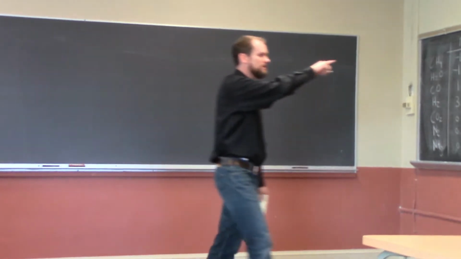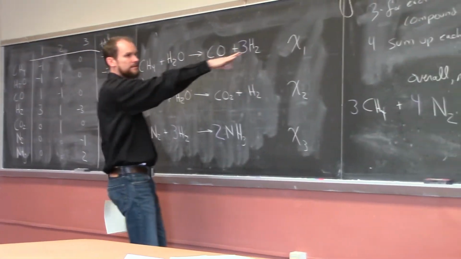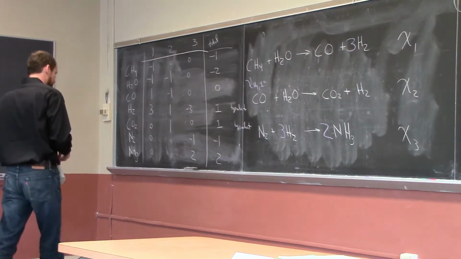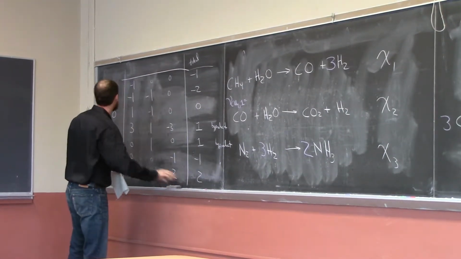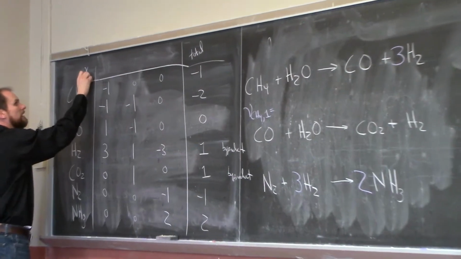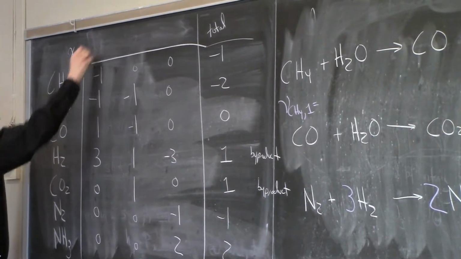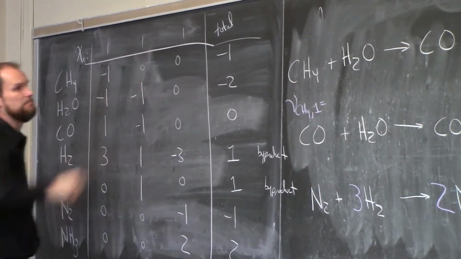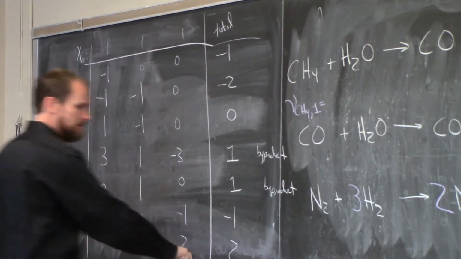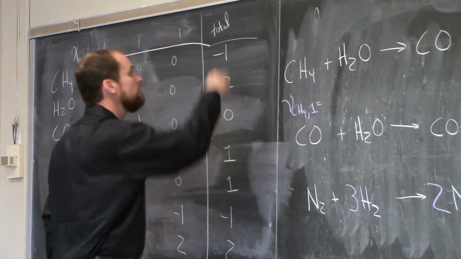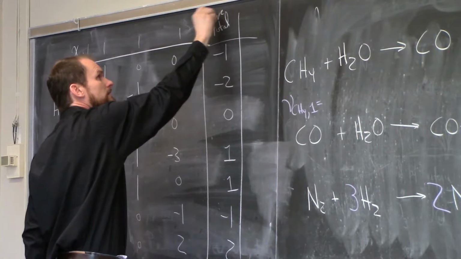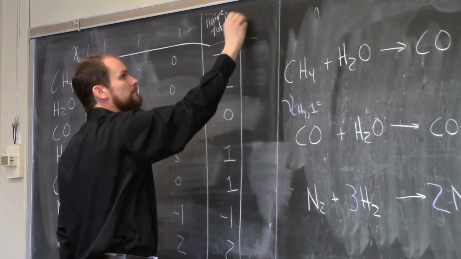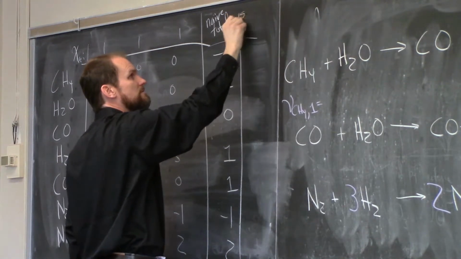As long as I multiply these all together, that's valid. What we had up before was essentially just multipliers of 1. This was our naive total. This is our smarter total.